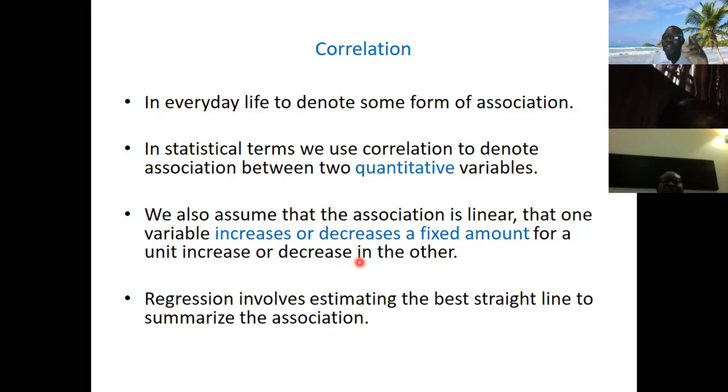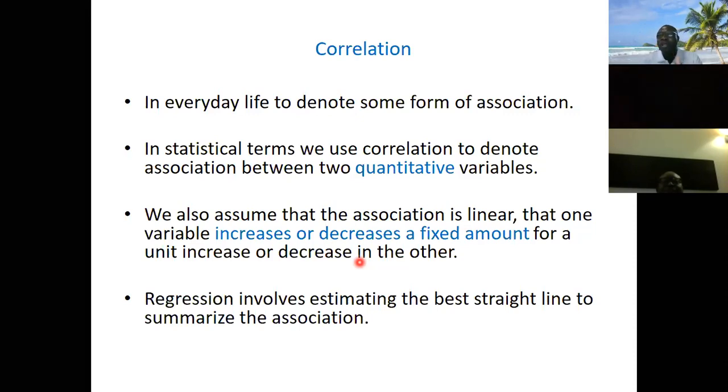So if A increases by 2 and variable B increases by 3, another increase in A by 2, then B increases by 3. Another increase by 1 in A, and B increases by 1.5. So the issue there is that there's a fixed amount of increase whenever one increases. Then it may also decrease. It doesn't have to increase.